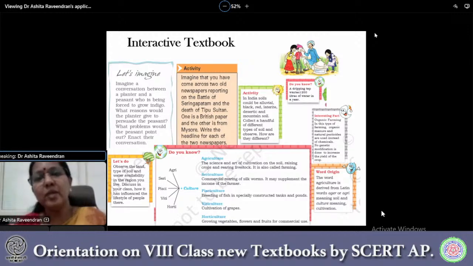I have taken these from various parts of the social science textbooks, like geography, history, and social and political life. In Do You Know, the child is made aware of how important it is to close the tap.